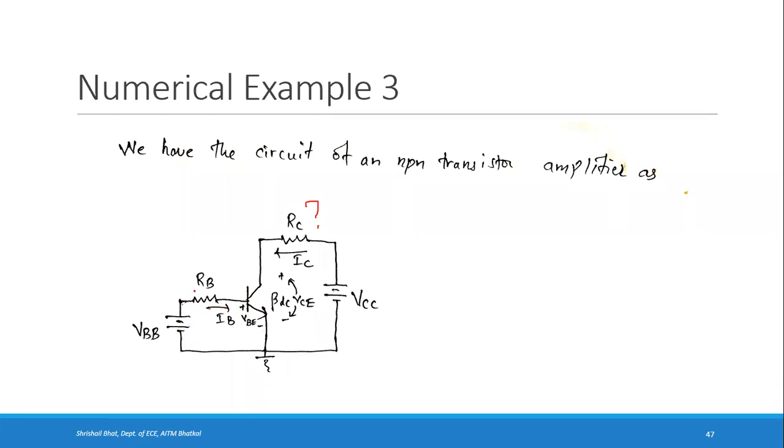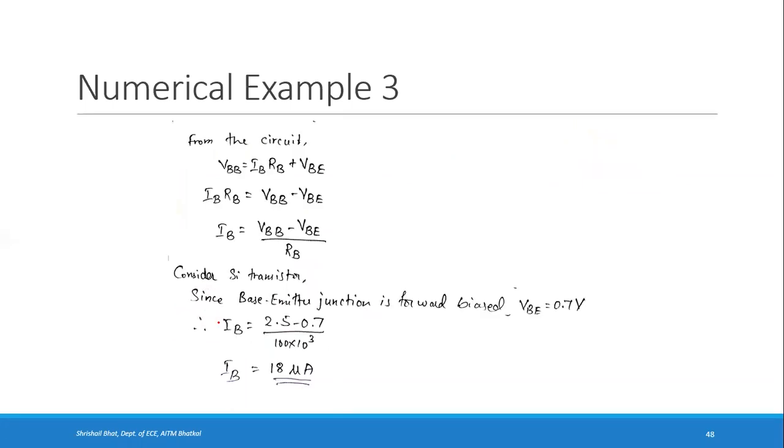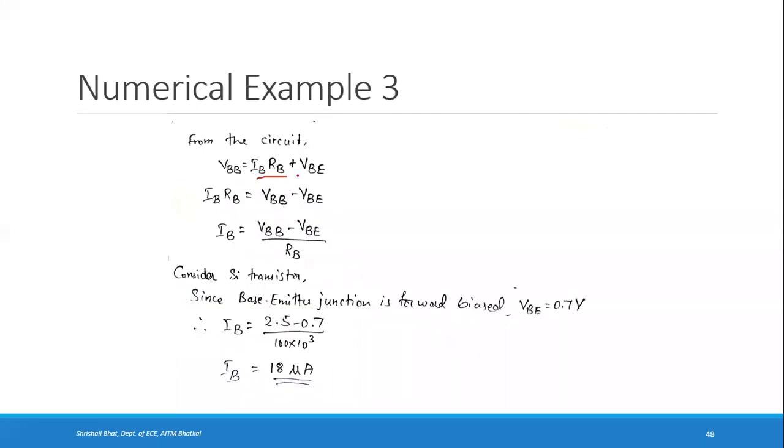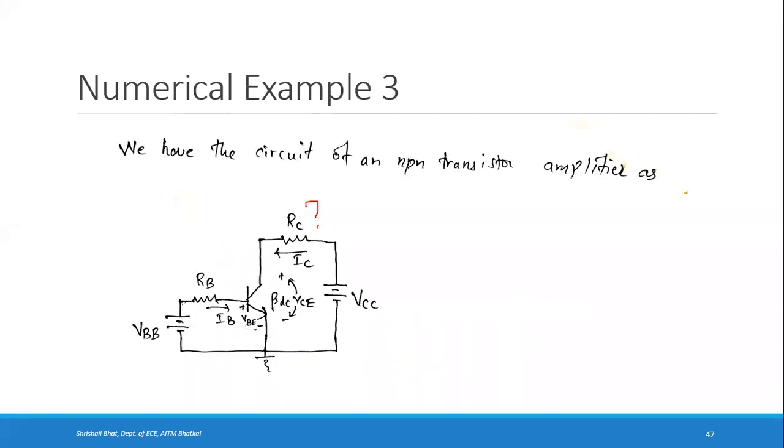What is the voltage drop across RB? Voltage drop across RB is the resistance RB multiplied by the current IB, right? So you get VBB is equal to IB RB, that is the voltage across RB, plus VBE. VBB is IB RB plus VBE.